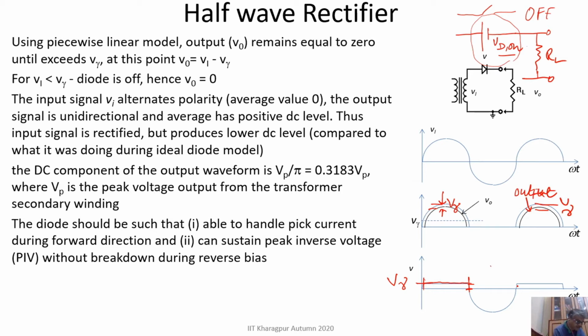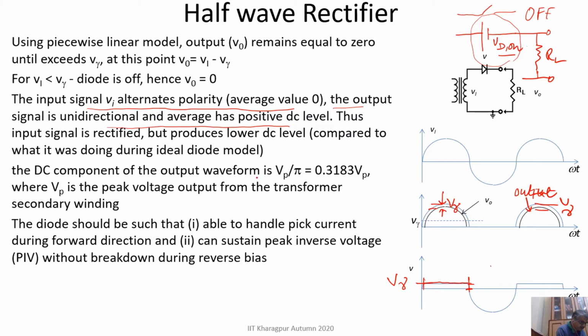Now you see this input signal Vi is of alternate polarity, so the average value is 0, whereas the output signal is unidirectional, because the output has only the positive half of the cycle.